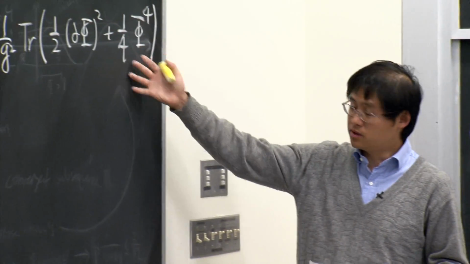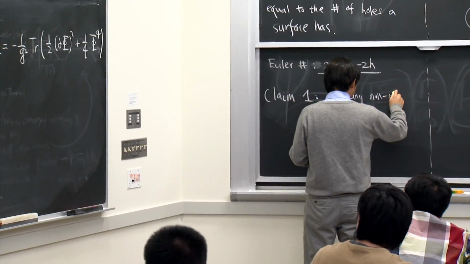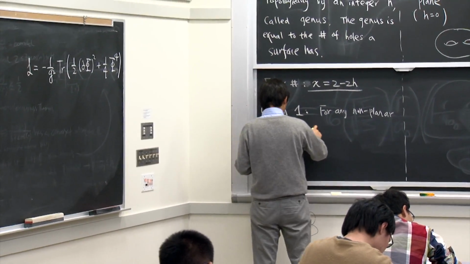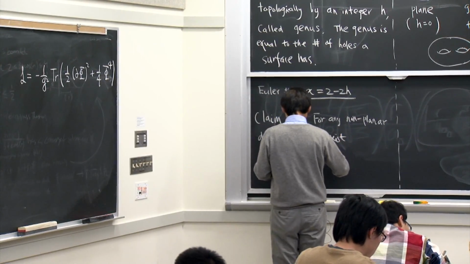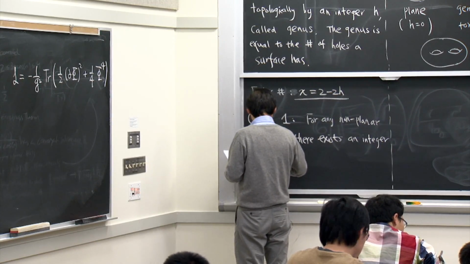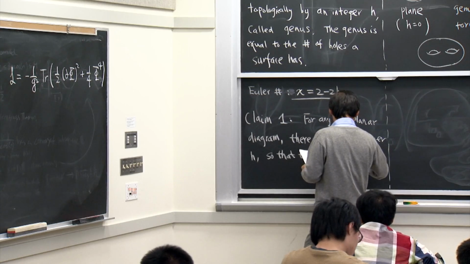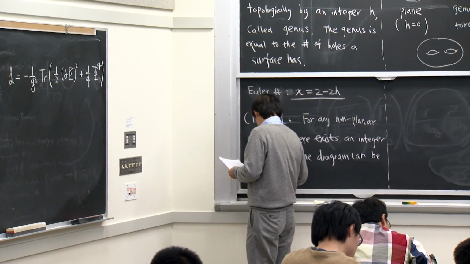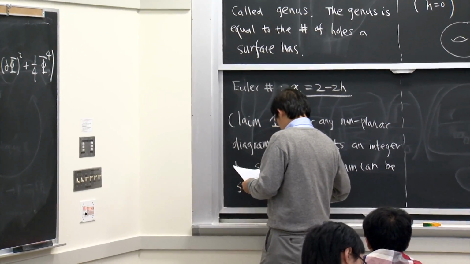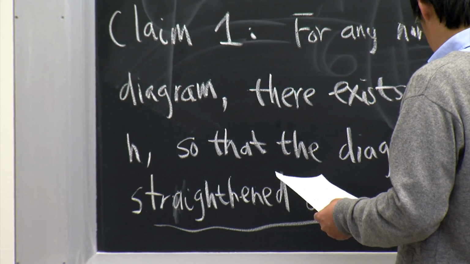If you look at the Feynman diagrams of this theory, the claim is the following: for any non-planar diagram, there exists an integer h so that the diagram can be straightened out, meaning made non-crossing, on the genus h surface.